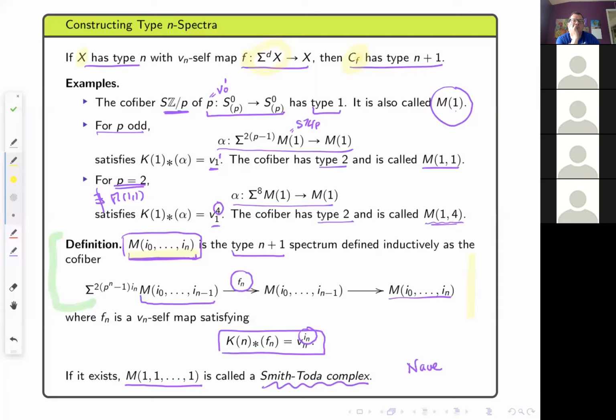So I'm going to invite Prasit to answer the question, if he knows whether there's uniqueness for these Smith-Toda complexes given their existence. He doesn't have to talk, but if he knows, he can. I think in general you shouldn't expect them to be unique, because they are defined by what BP homology looks like. There are examples like A1 smash CP2, where there are four different one-periodic v1 self maps, and all of them give different cofibers.